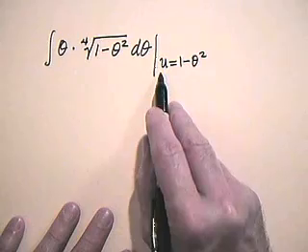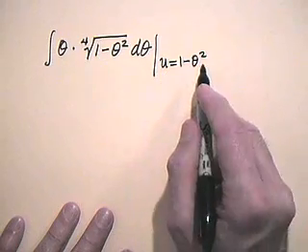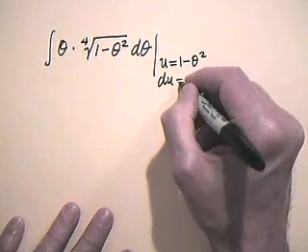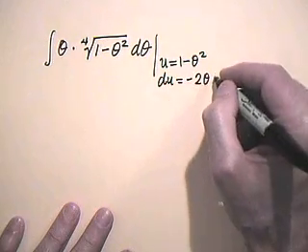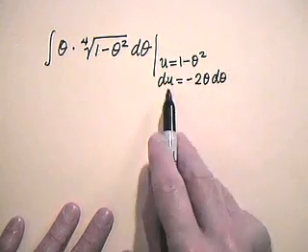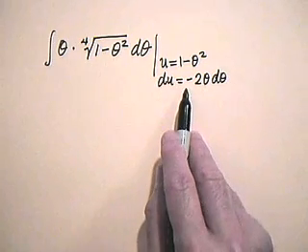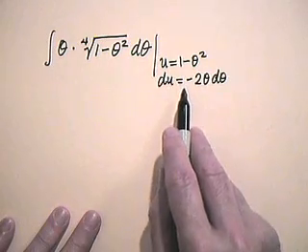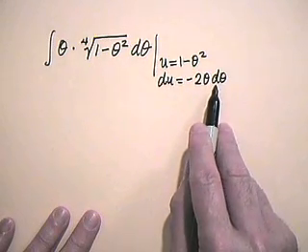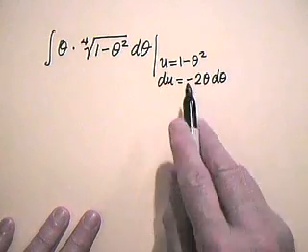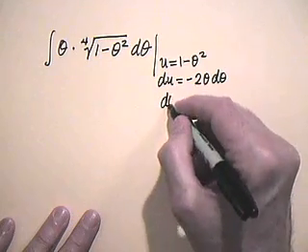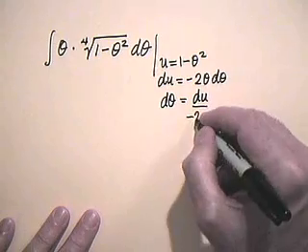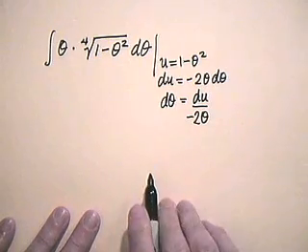So we'll set u equal to 1 minus theta squared. Now then, du is negative 2 theta d theta, because du d theta is negative 2 theta. And so consequently, what I can do here is solve for d theta in terms of du. I can write d theta is du divided by negative 2 theta.